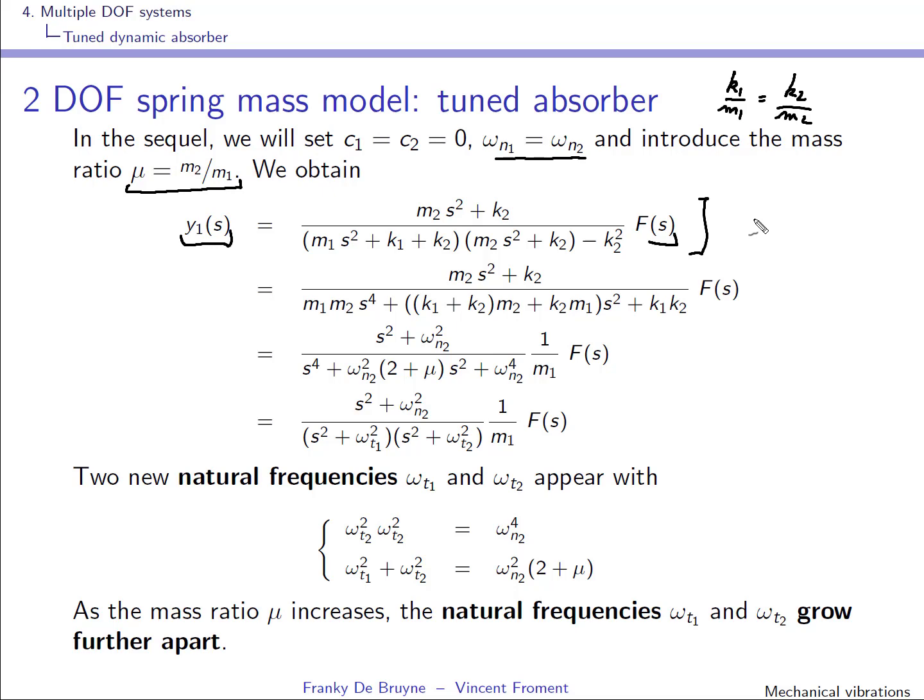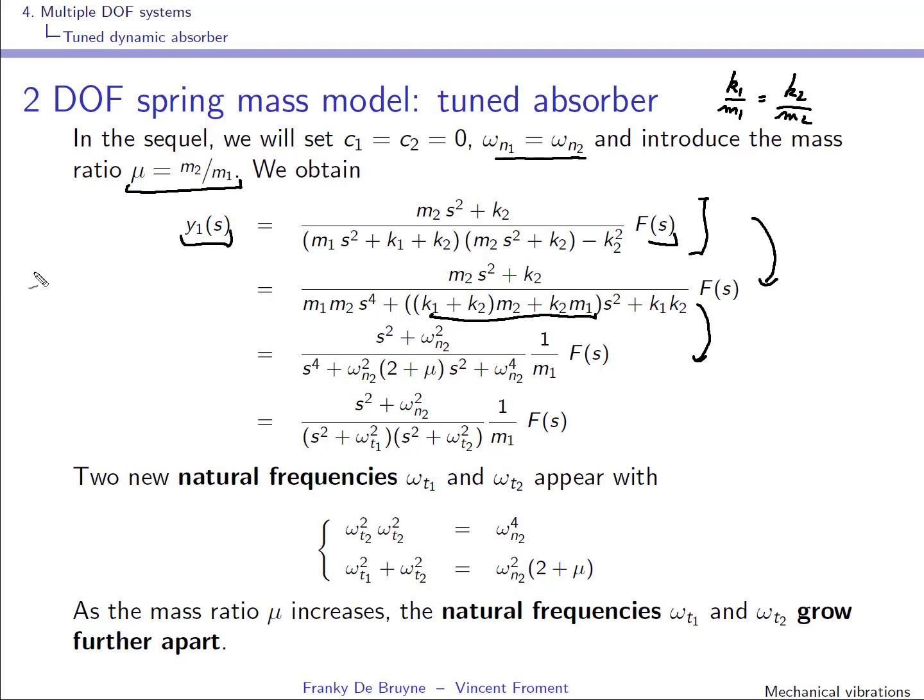Okay, so I think going from here to here is kind of obvious. What we do to go from this equation to this equation is divide numerator and denominator by m1 m2. So I think everything is kind of obvious. Maybe we can have a look at this term here.